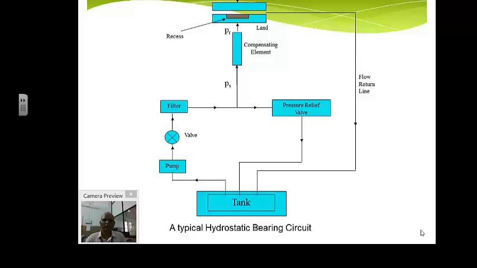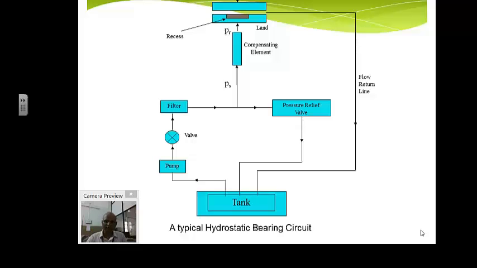On the land portion as well as the runner, the load is applied, and the lubricant which flows out returns through a flow return line into the tank. The excess pressure is released by a pressure relief valve, which flows the lubricant back to the tank.